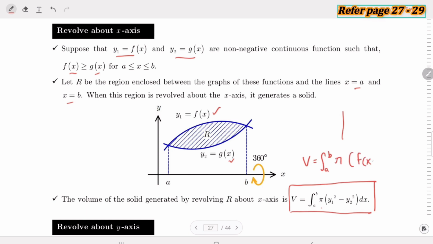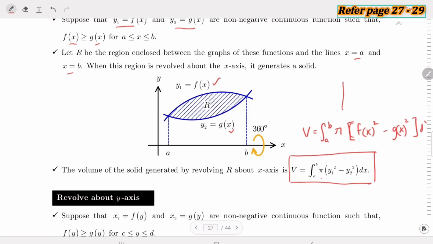When you imagine this region being rotated about the x-axis, the volume will look like a donut. Do you know what a donut is? That is the rotation of this region.